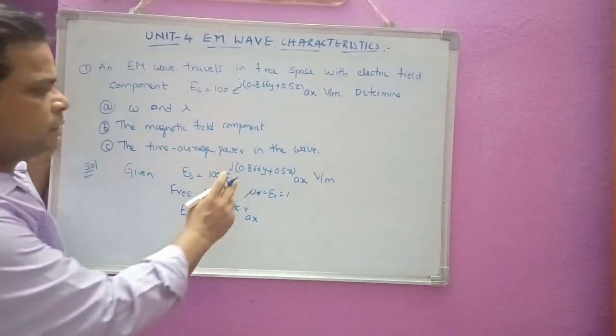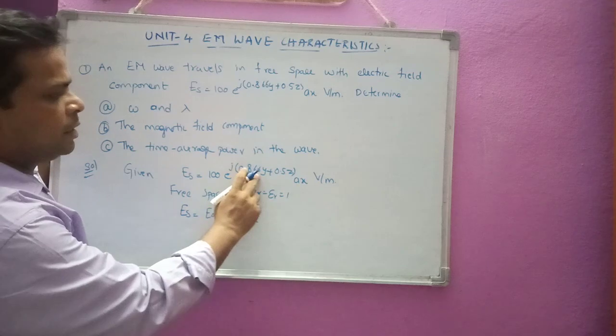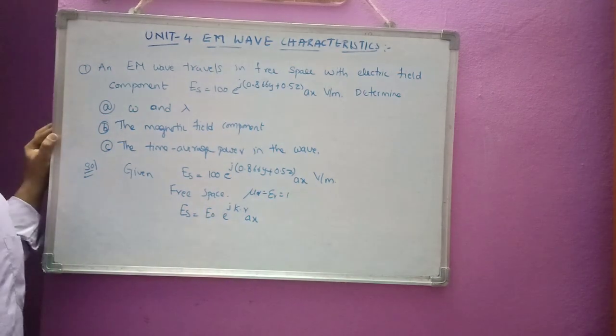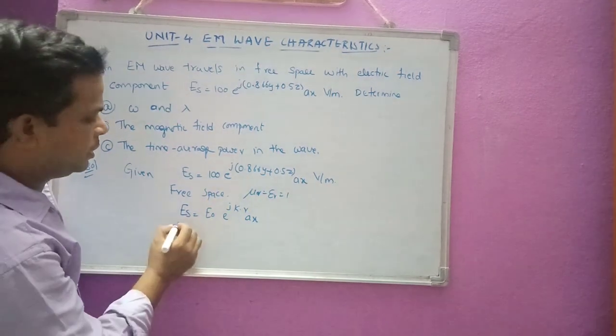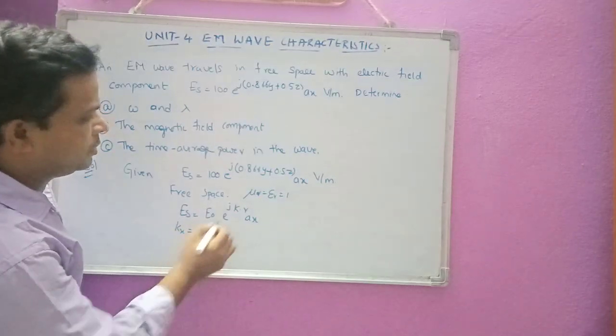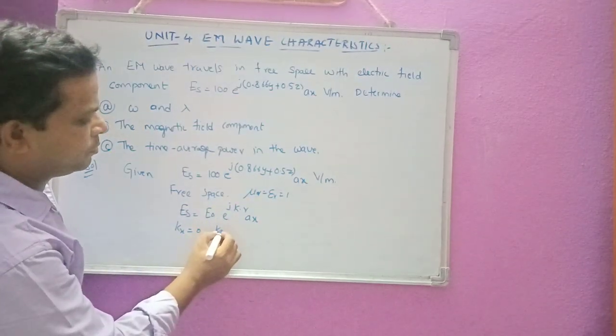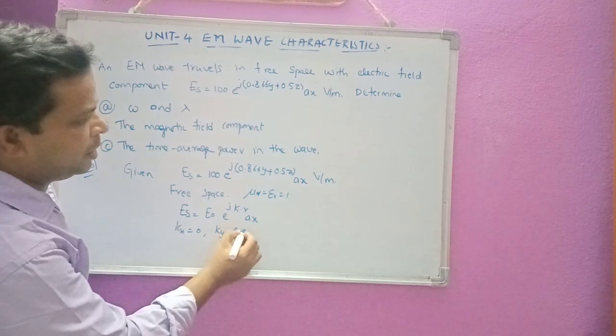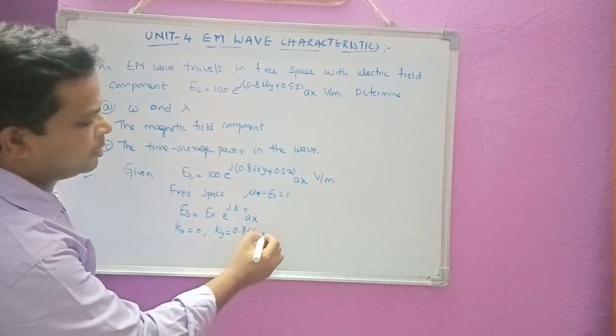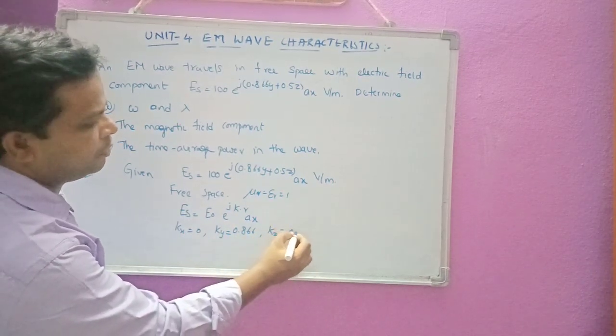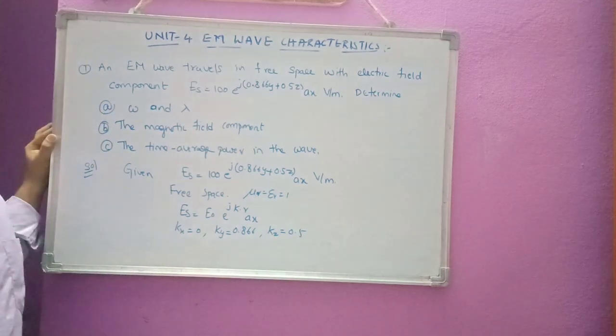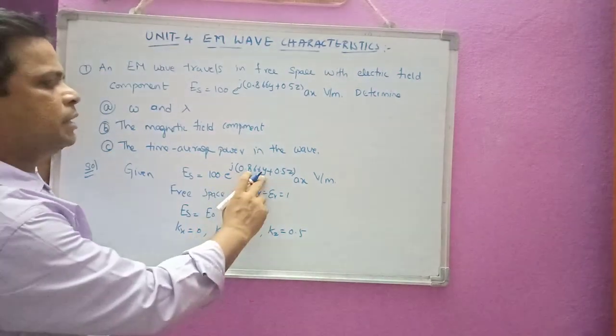From comparing this, we can write the k dot r equation. Here kx is equal to 0. By seeing that you can easily verify kx is equal to 0, ky is equal to 0.866, kz is equal to 0.5 here. And similarly now I can find the k vector here.